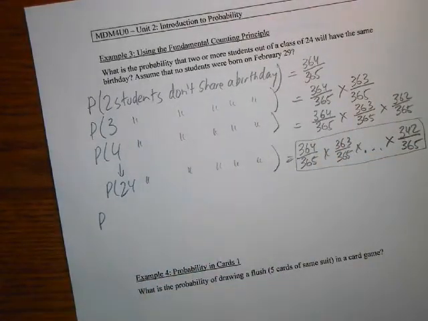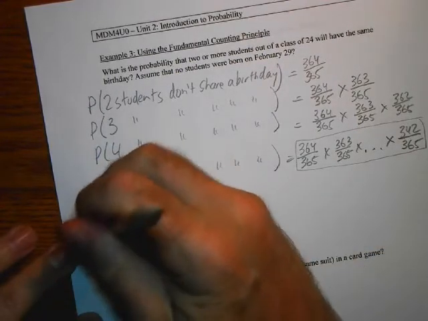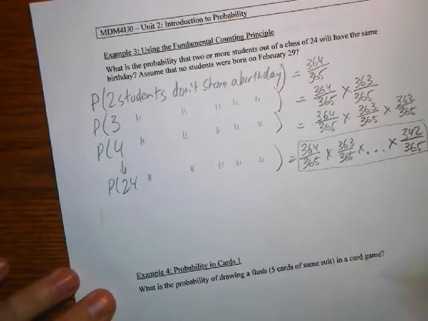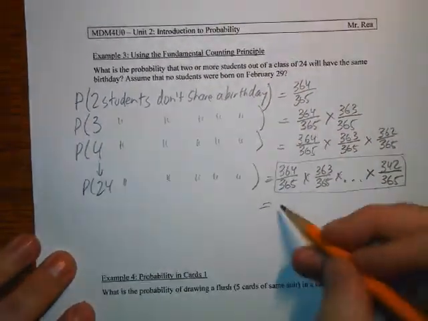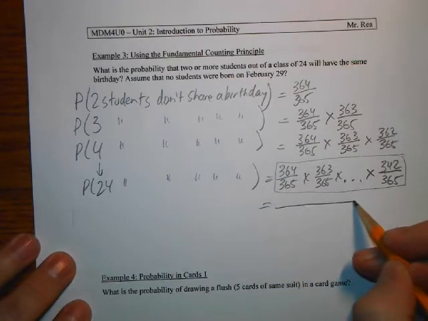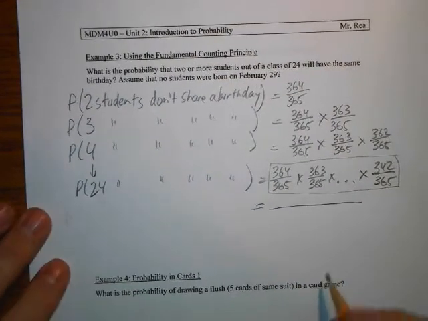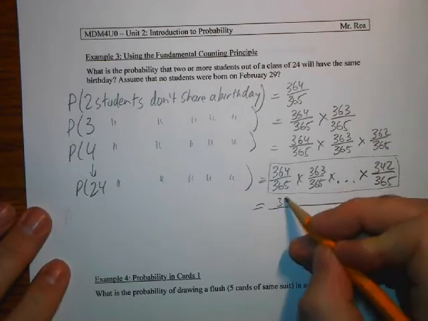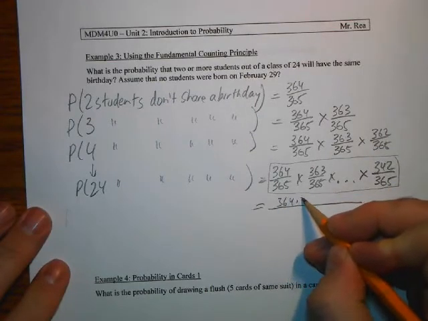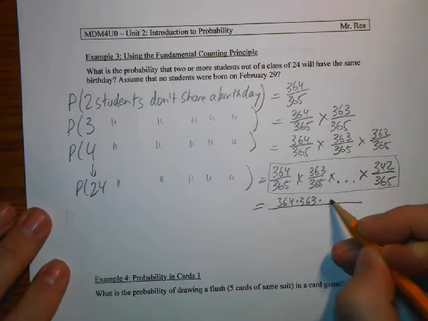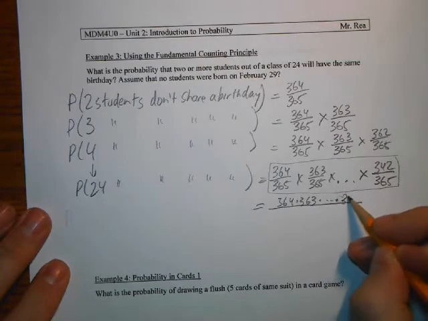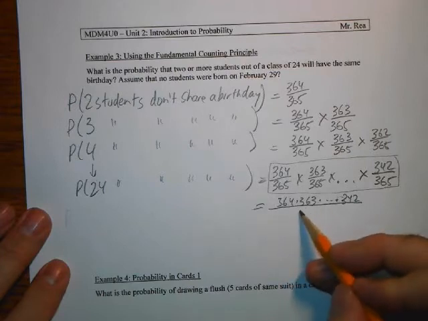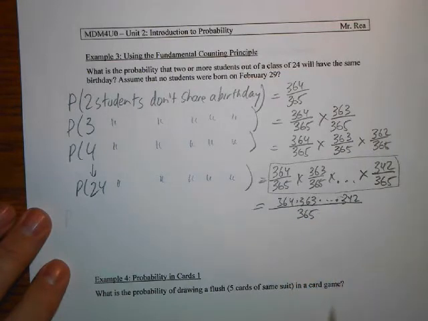Okay, I'll just continue that. So you can see on the top I've got 364 times 363 times dot dot dot down to 342, and then on the bottom, I've got 365 times itself.